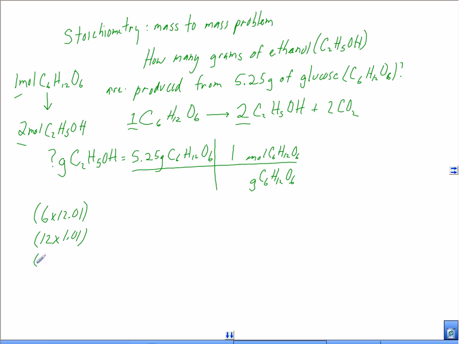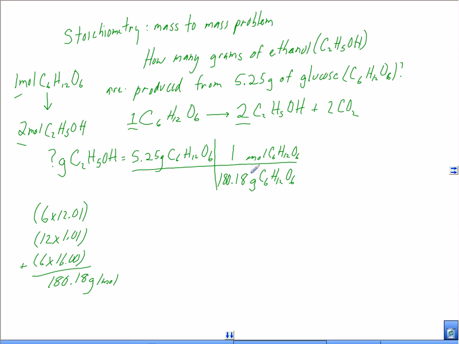And I have 6 oxygens, and each one of those is 16.00 grams. So I'm going to add all those values together, and taking a few shortcuts here, I get 180.18 grams per mole. So for every 1 mole of glucose, I have 180.18 grams of glucose. So I'm going to put 180.18 right there.